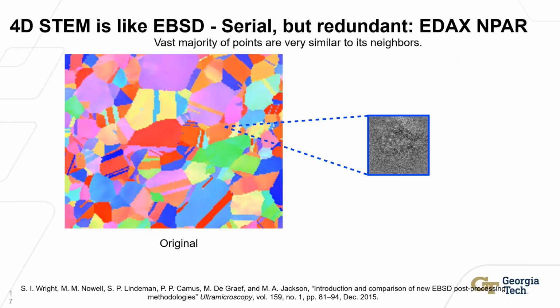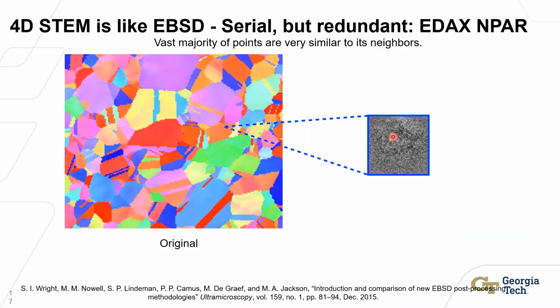And to do that, we looked to the EBSD community, again, for inspiration. With EBSD, again, a very similar technique, right? We're just scanning the electron beam across the sample, collecting thousands, millions of diffraction patterns and extracting out the orientation state. One of the tools developed about 10 years ago in EBSD is a tool called NPAR. It's neighbor pattern averaging and reindexing, where you'll collect your EBSD pattern.